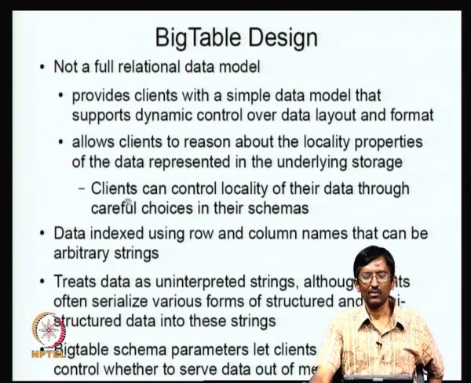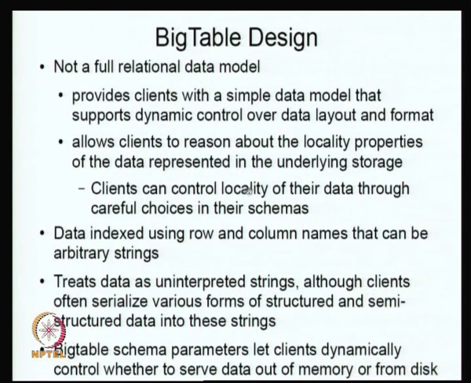Essentially, the clients can dynamically control whether to serve data out of memory or disk. All these things are possible. Clients can control locality of the data through careful choice in the schemas. They provide enough control so that the clients can figure out the issues with respect to locality.